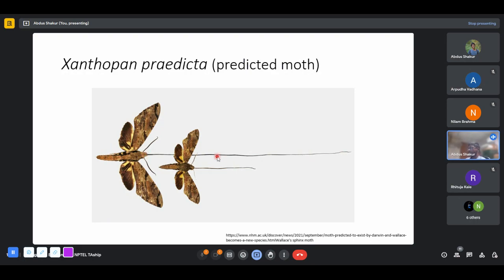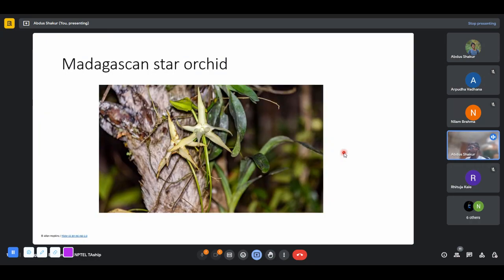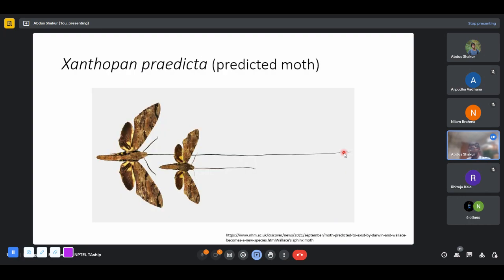Somewhere around 24 centimeters is the length of the proboscis of this species. So this is such an interesting example where both species have evolved together, and it has been nicely predicted by Darwin. These are some of those interesting things that you end up finding in ecology.